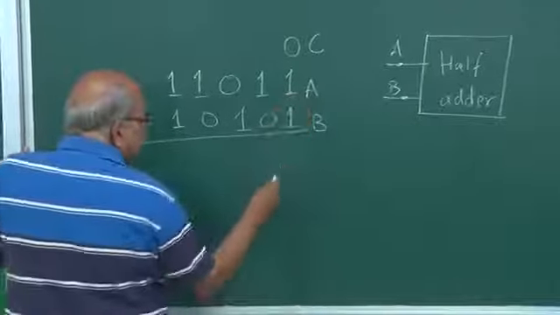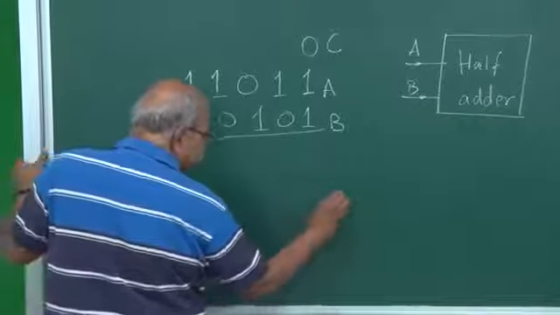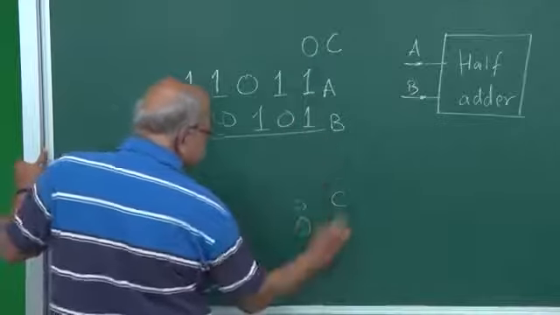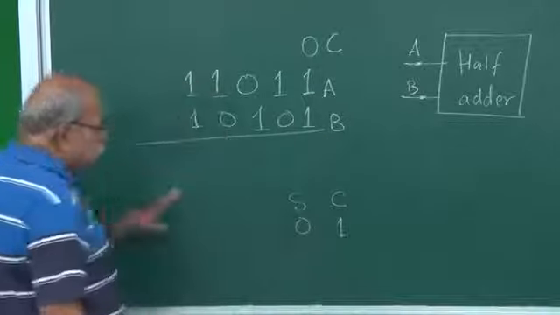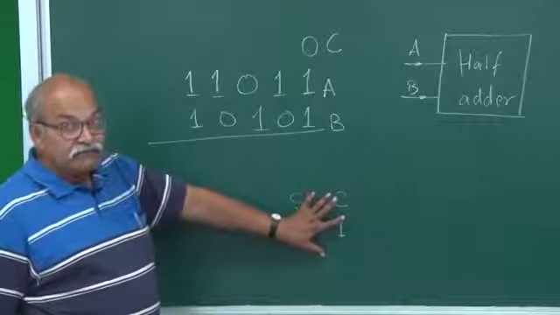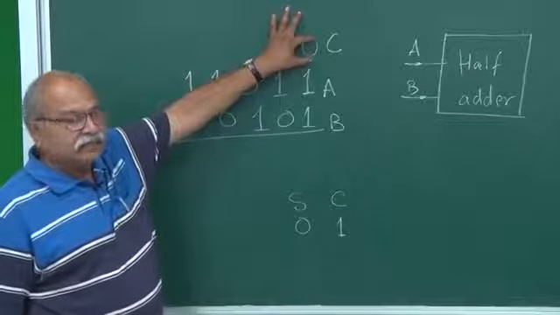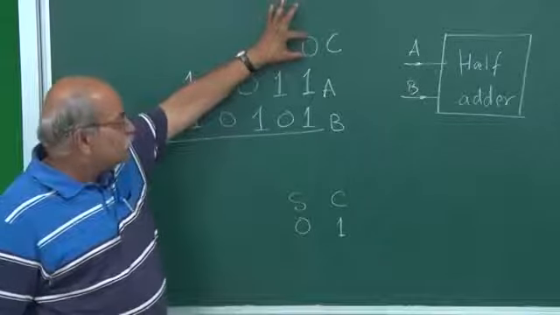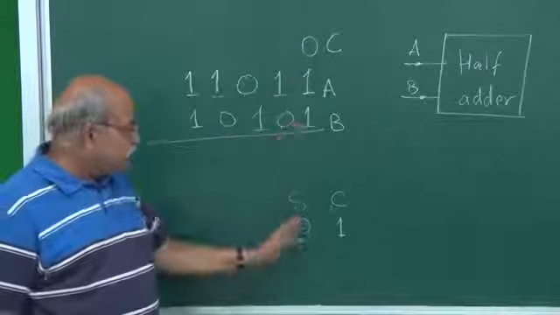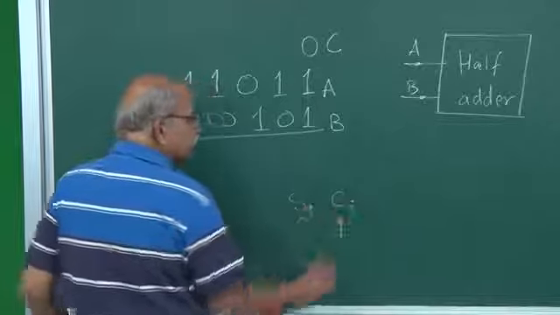When I do this, this is my first half adder, remember, and I get a sum which will be 0. I will get a carry which will be 1. But this is intermediate, this is not the final carry and final sum, because I have not taken care of this carry here. In this particular situation it is 0, it will not affect, but later on it will affect. So this is only an intermediate sum and intermediate carry. So let me write it SI and CI.